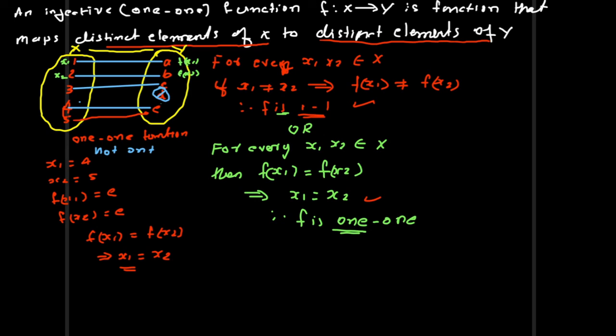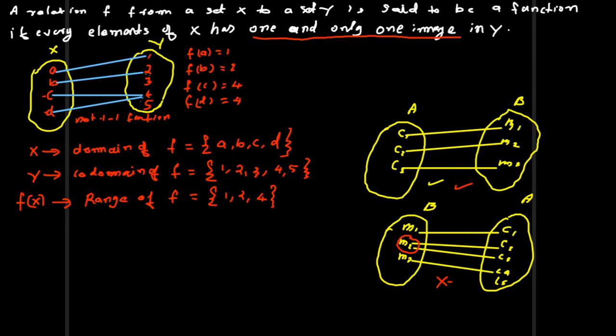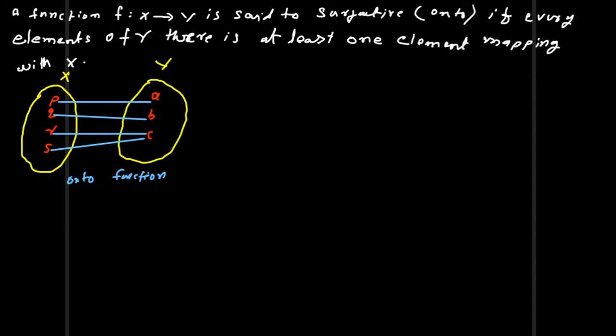Then in the first example, in the elements of Y, 3 and 5 have no pre-image in X. Clear? So this also is not an onto function.